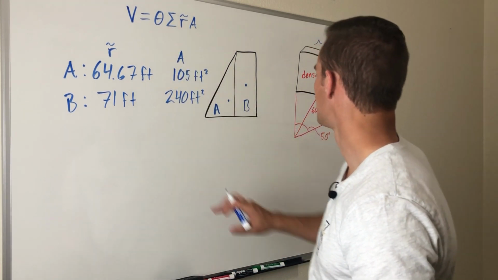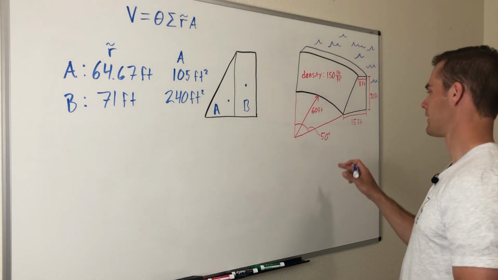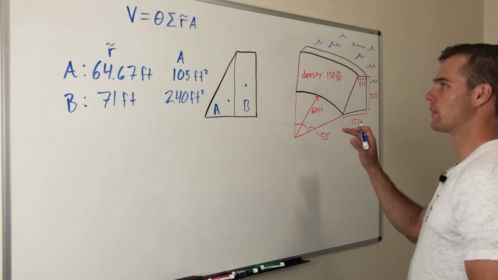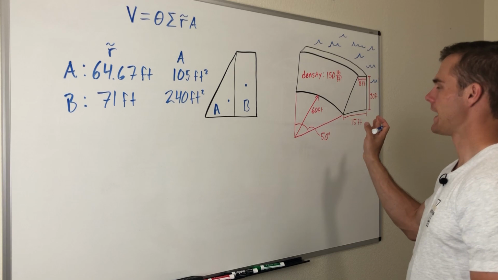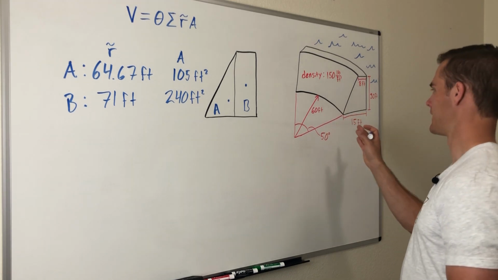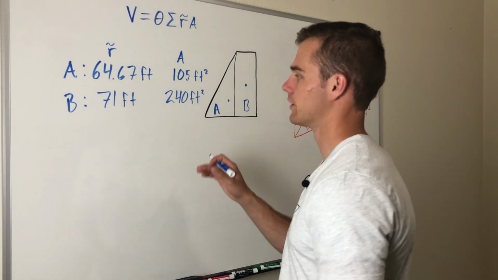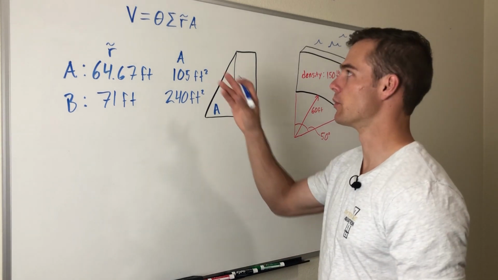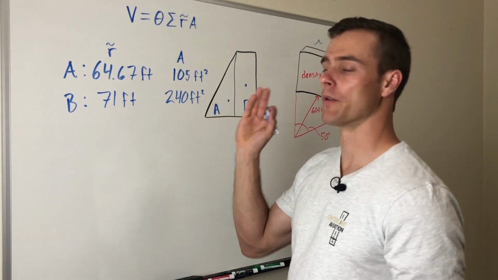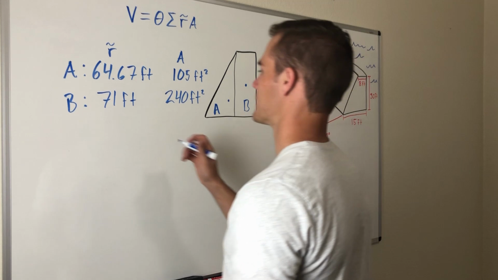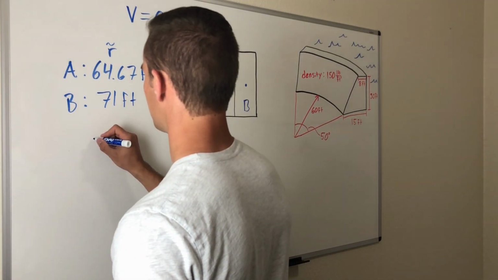We need theta to be in radians because theta is the angle of rotation measured in radians, and a lot of the times that's going to be 2 pi because we revolve it all the way around a full 360 degrees, but in this case it's not.